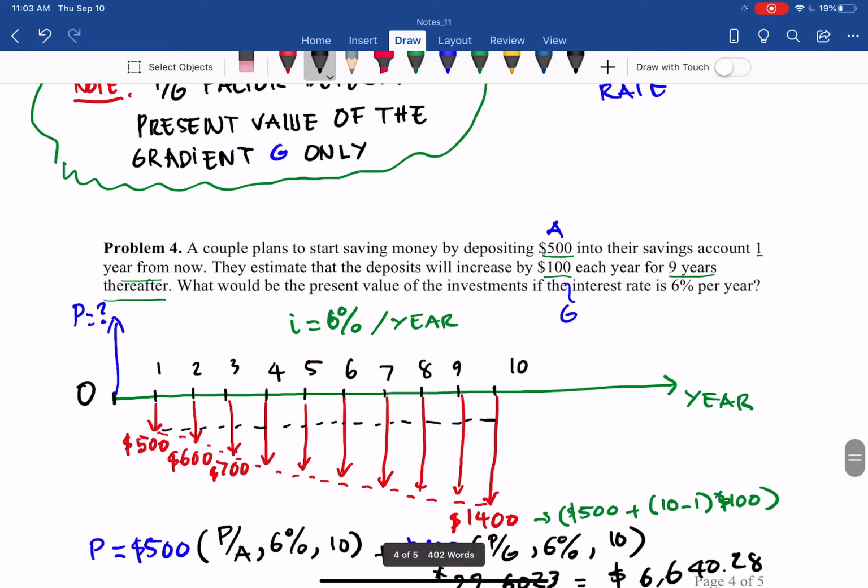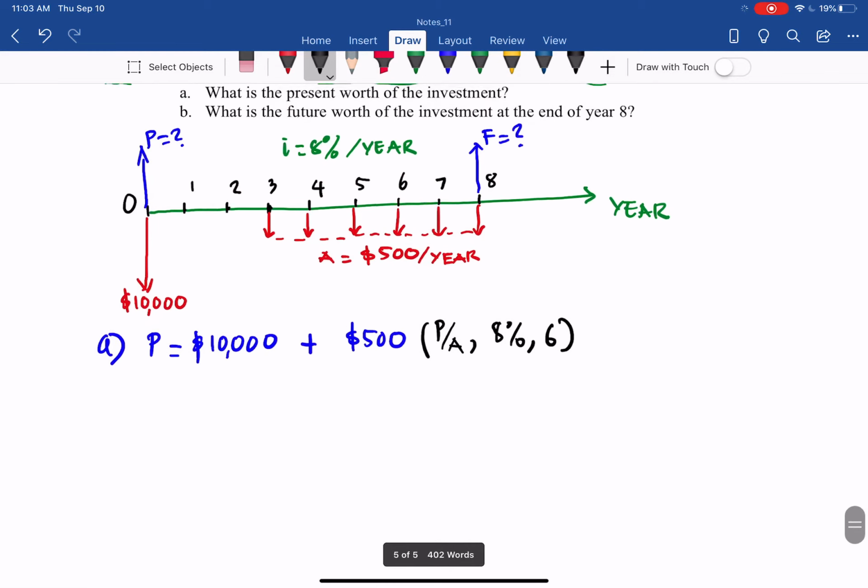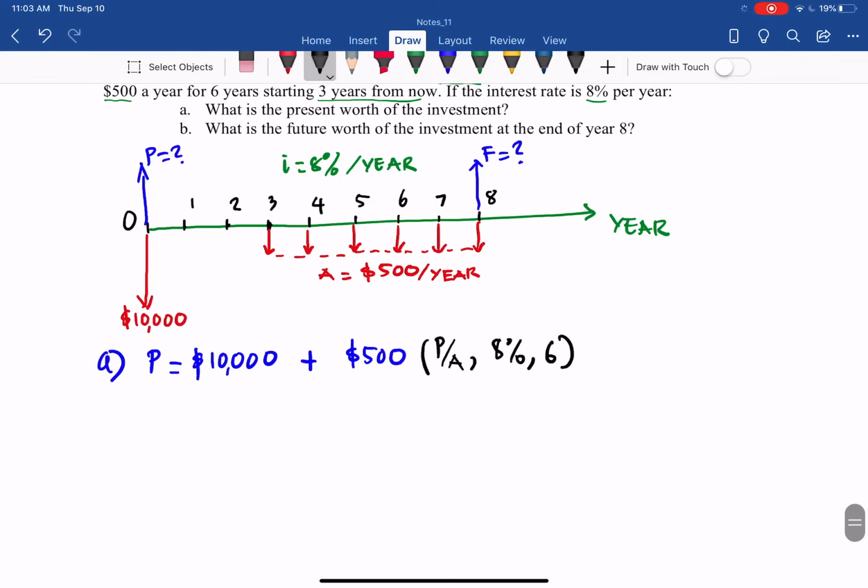What does that mean in these scenarios? These components here is P, but 1 period prior to the first A. The first A is at year 3.